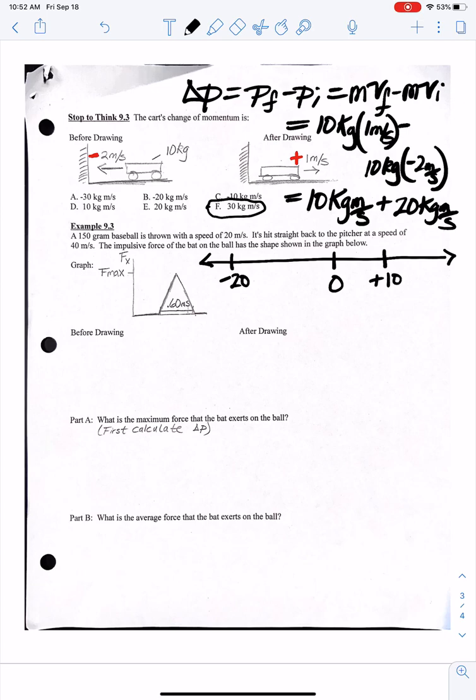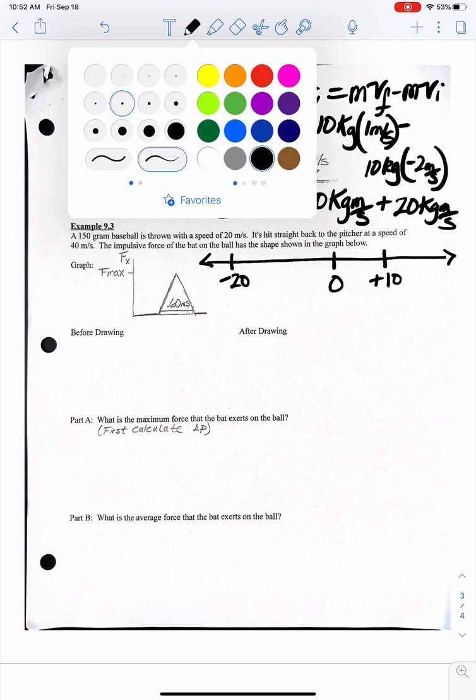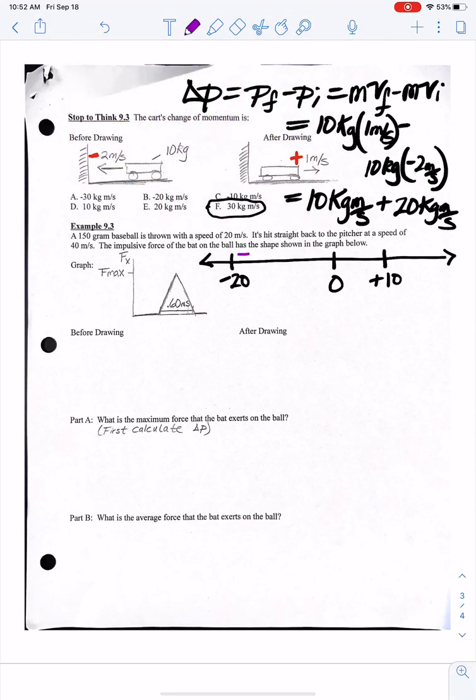It starts to make sense now why the change in momentum is positive 30, because you're going from 20 to the left to 10 to the right.